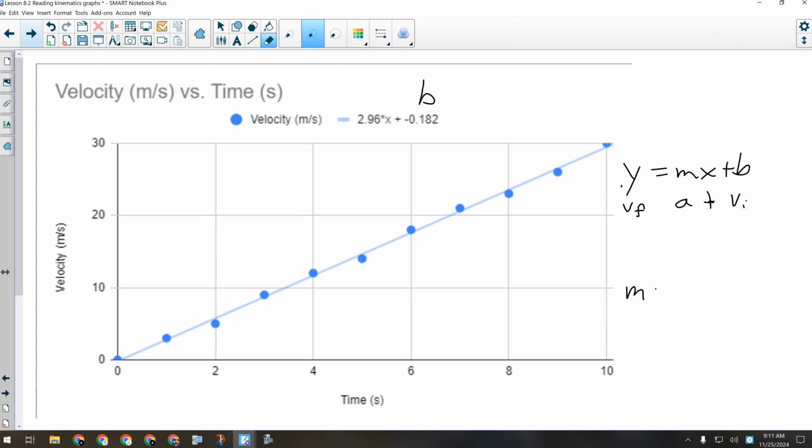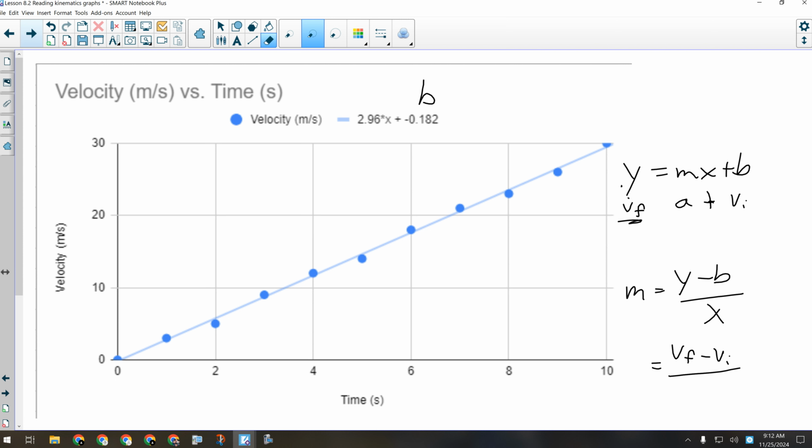So I'm going to show you something here. If I calculate the slope of this line, the slope of a line on any graph, it's y minus b over x. We just said that y equals final velocity. What did b equal? Initial velocity.